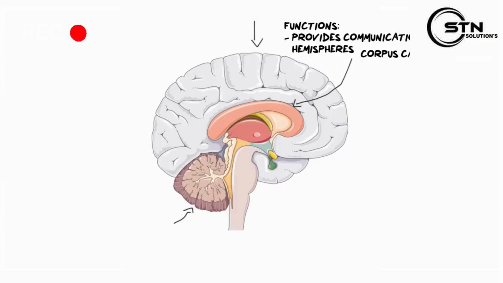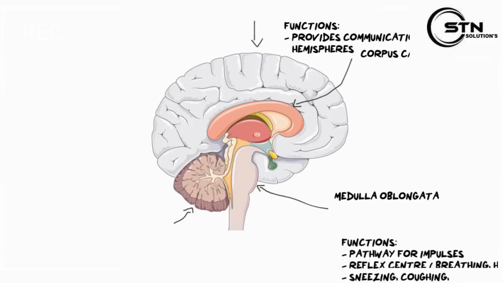Then we're going to move into this lower region of your brain, reaching down into what we call the medulla. Now, the medulla is this swollen region at the bottom. It's the medulla oblongata. And it has a really important function because this is where life actually is sustained in your brain.